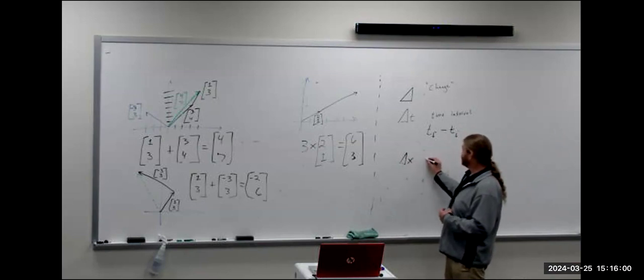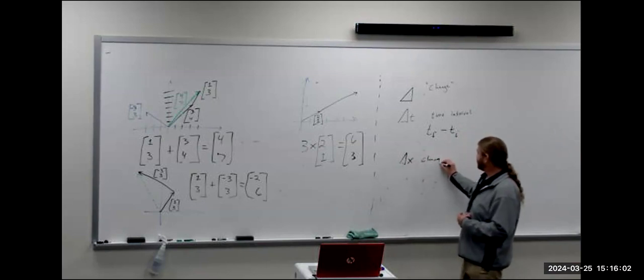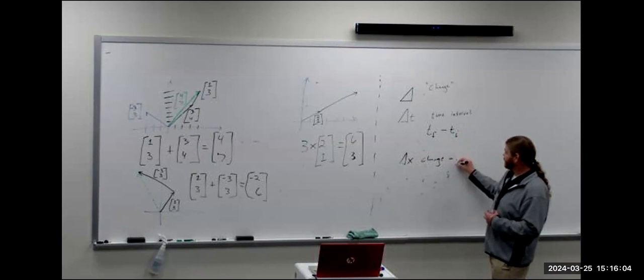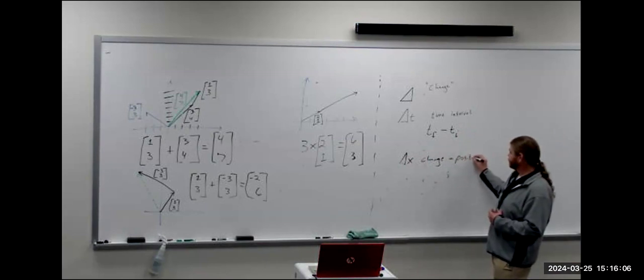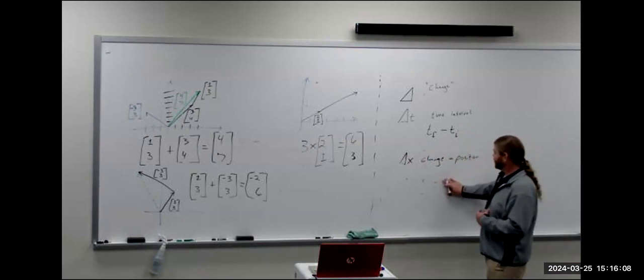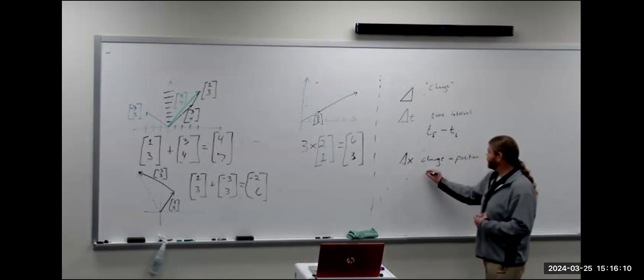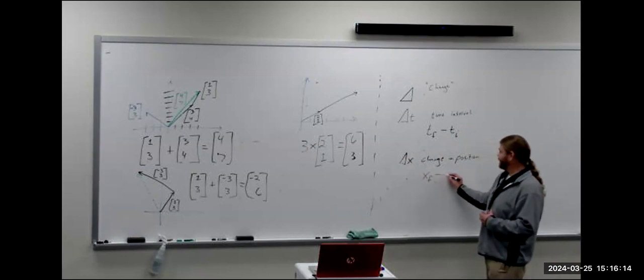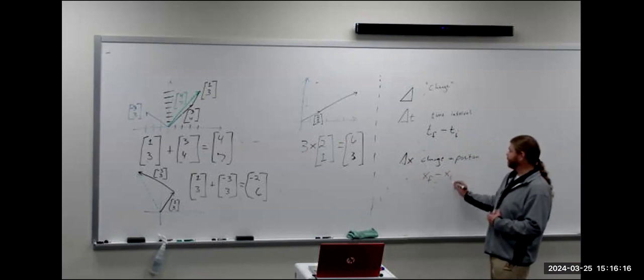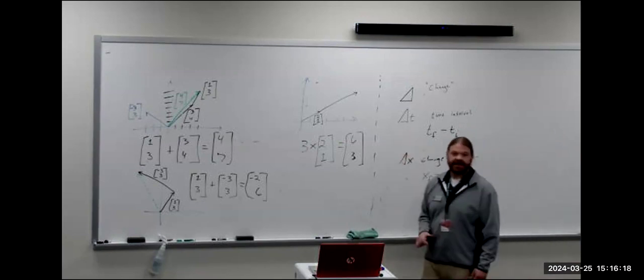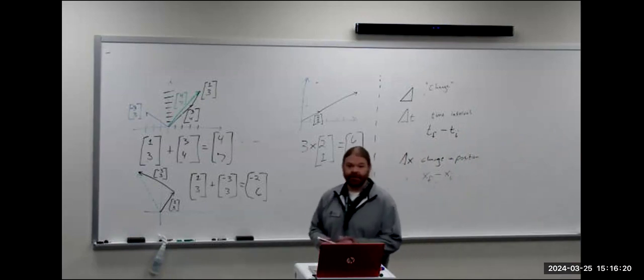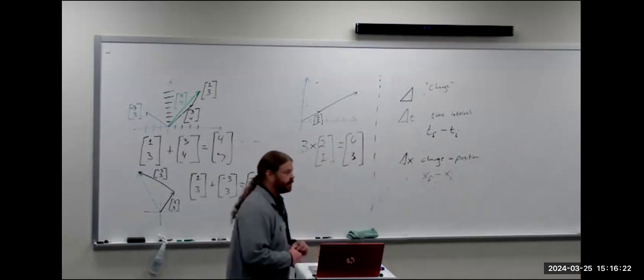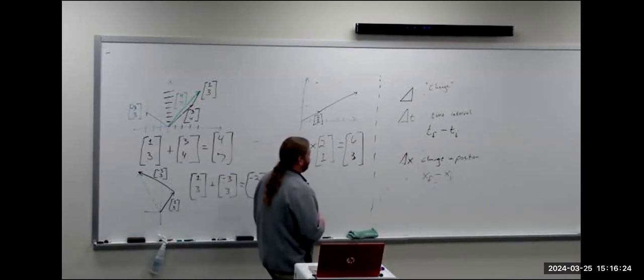Delta x is change in position. So again, that's going to be our final x position minus our starting x position. So anytime you see that delta, it's just the end value minus the starting value. And it basically means change.